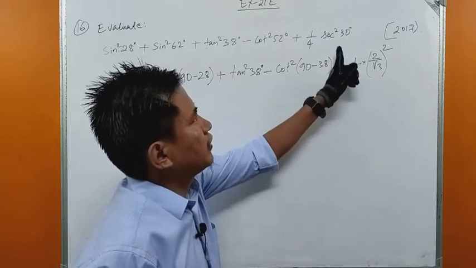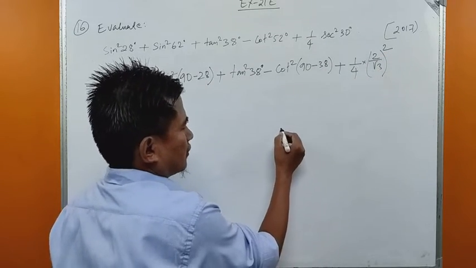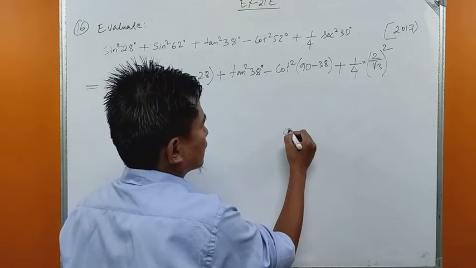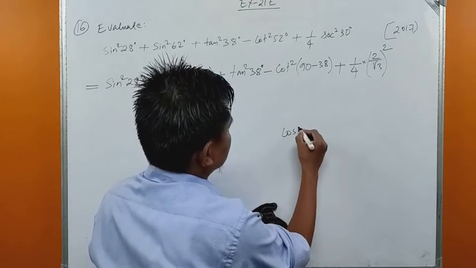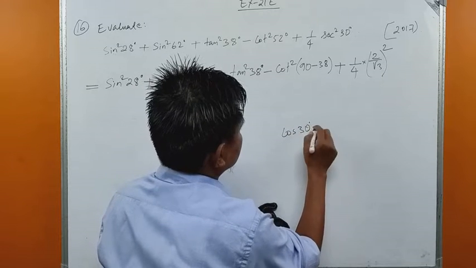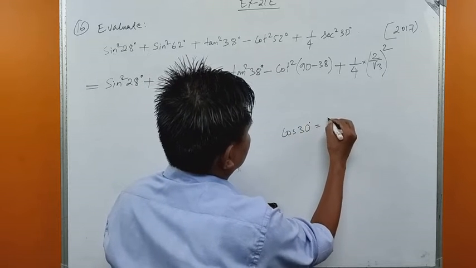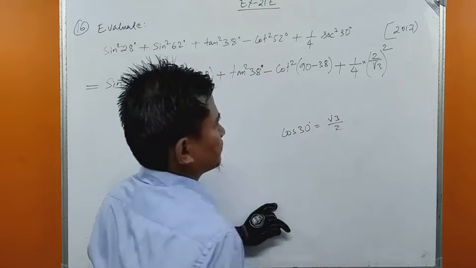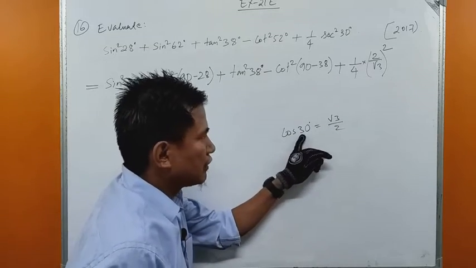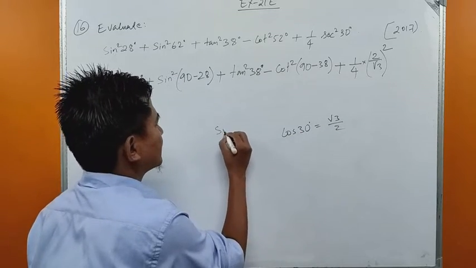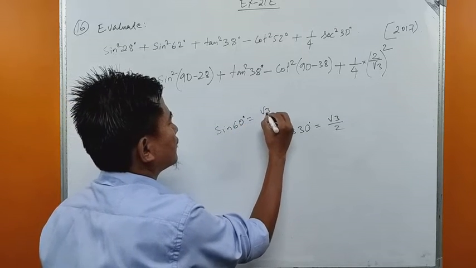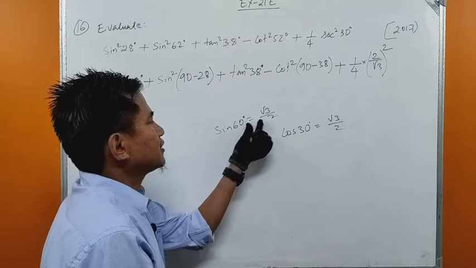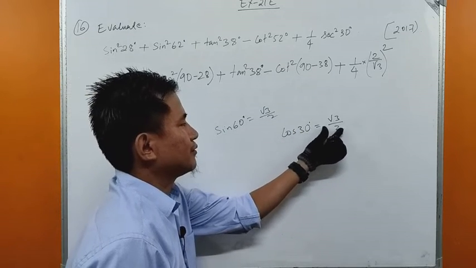If you do not know the value of sec 30, just think of cos 30. Cos 30 degree means root 3 by 2, isn't it? If you do not know the value of cos 30, think of sin 60. Sin 60 equals root 3 by 2. If sin 60 is root 3 by 2, then cos 30 is root 3 by 2.